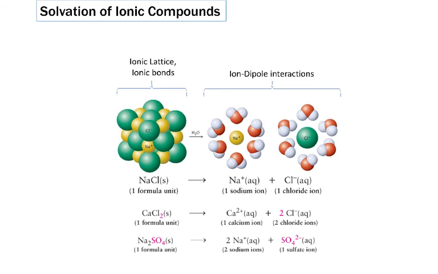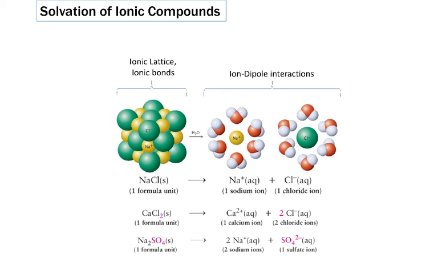Okay, I want to finish up looking specifically at the solvation of ionic compounds. If you remember, an ionic compound takes a lattice form. So sodium chloride here, again, that's always our example, right? Ions are attracted to each other in a 1-to-1 ratio, so Na plus and Cl minus.